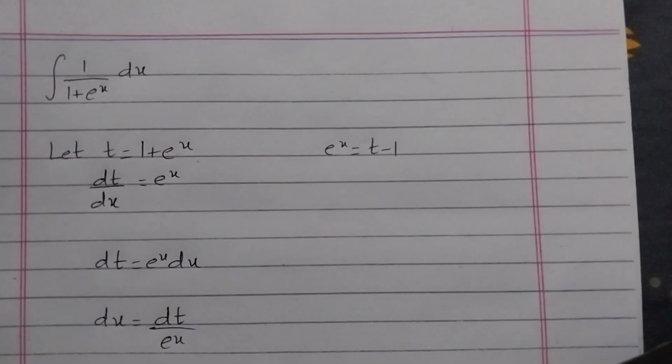By cross multiplication, dt becomes e raised to power x into dx, and we are interested in dx. So from this equation, dx will be dt over e^x, because e^x was being multiplied with dx. So on the other side it will be divided.